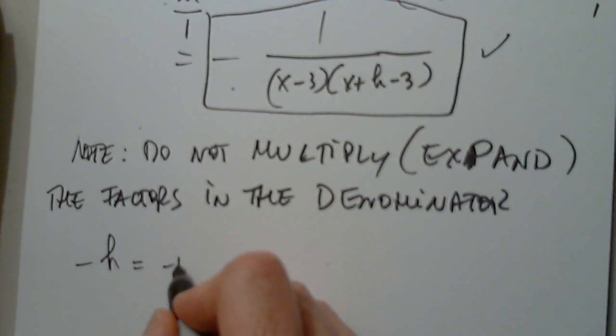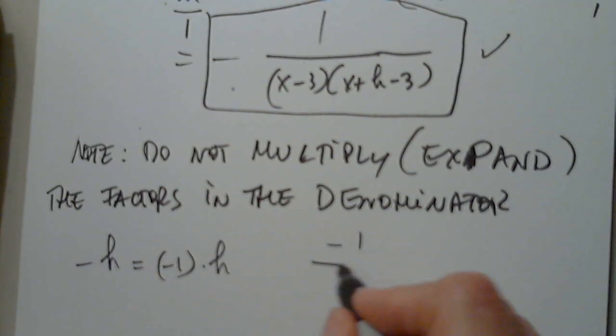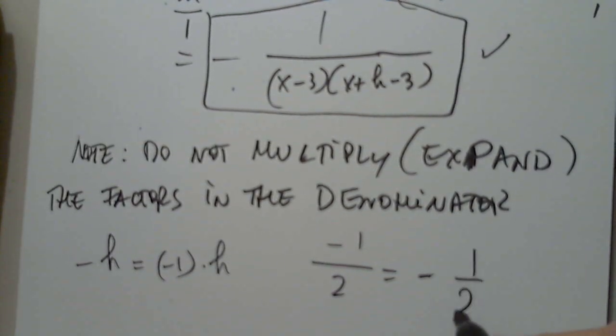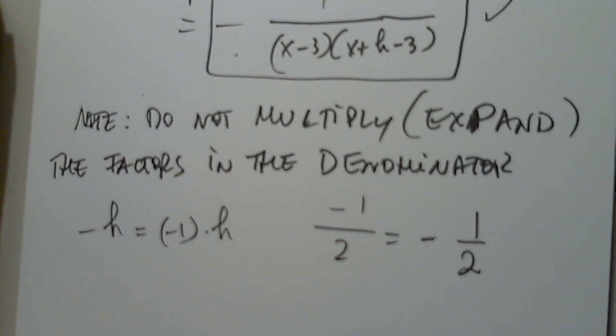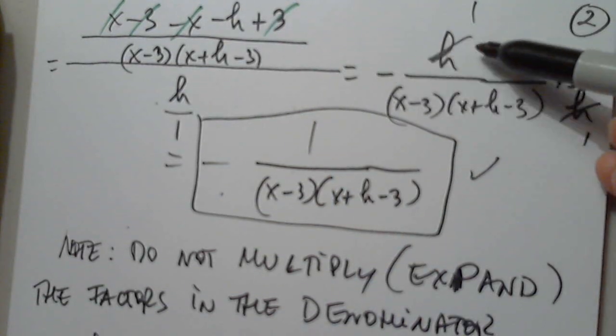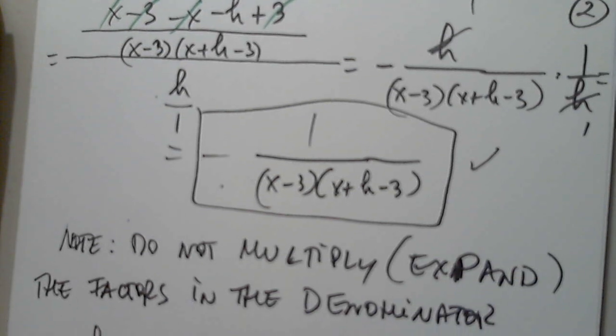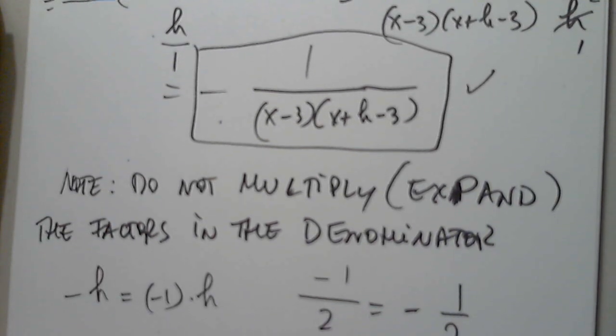Negative h is the same as negative 1 times h. And if I have negative 1 over 2, I can write negative 1 over 2. And that's what I did. I took the negative 1 that multiplies h in front, so there is no confusion when I simplified. Very good question.